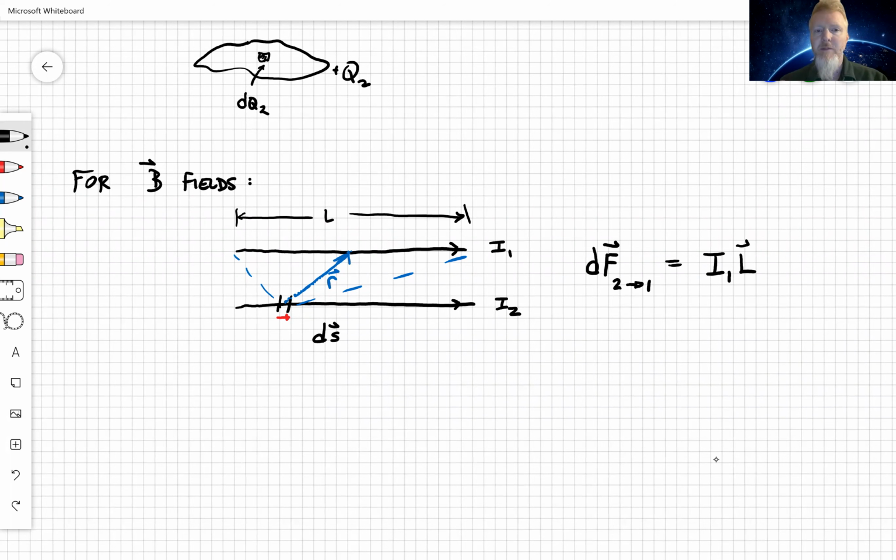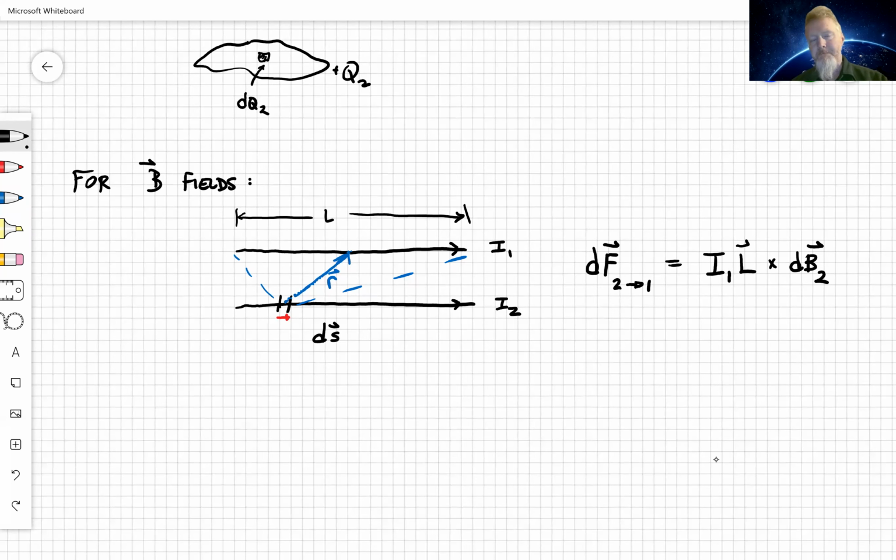So it's pointed from left to right. And that's going to be crossed with dB2. All right, so the force on current 1 is due to the field made by current 2.